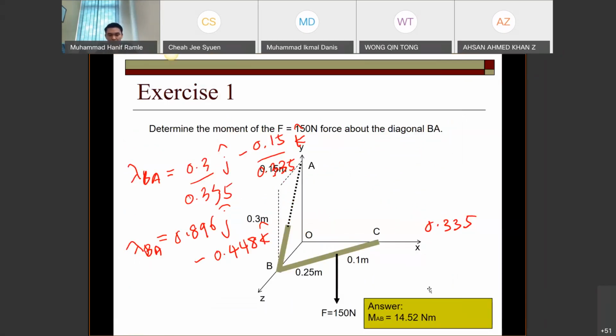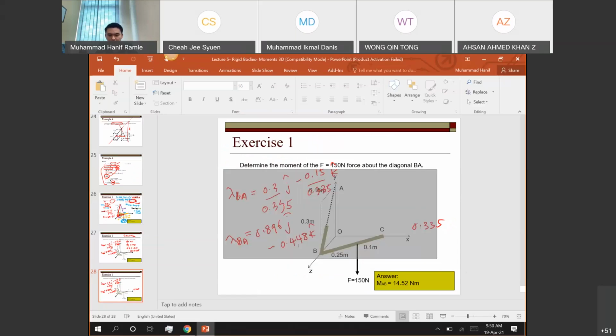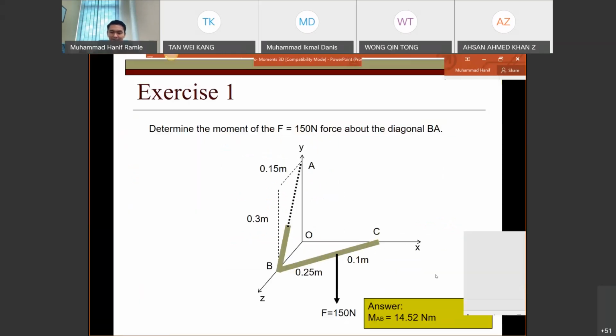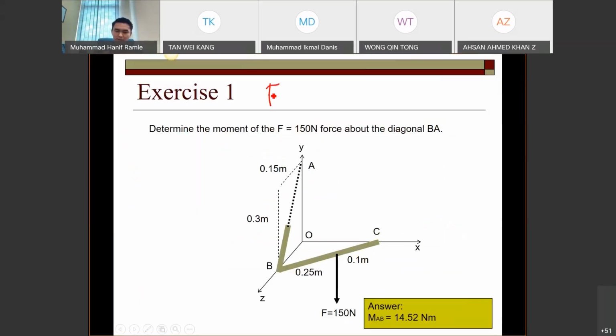Find endpoint. Find what? Convert the F into IJK component. Yes, correct. So you have to find F in terms of IJK form. So what is the value for F? This one is straightforward, no need to use the rectangular method, second angle method, or coordinate method. 150K.